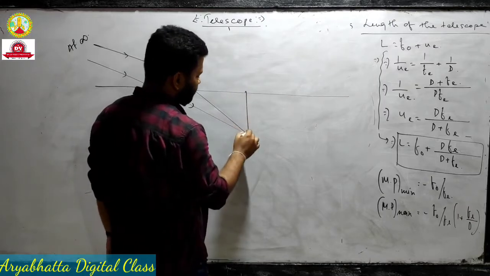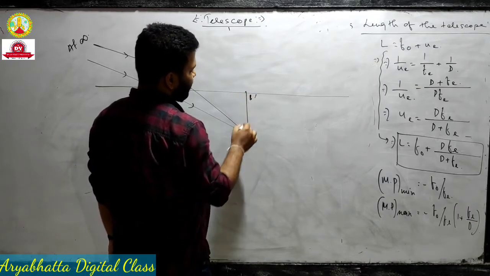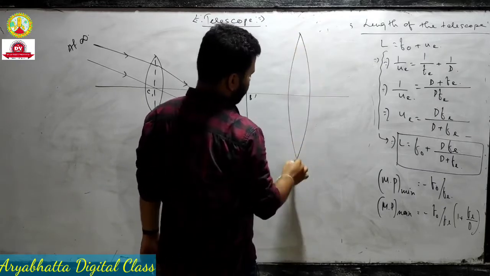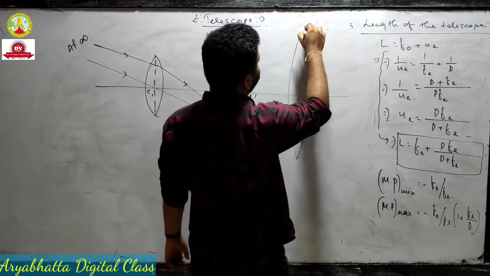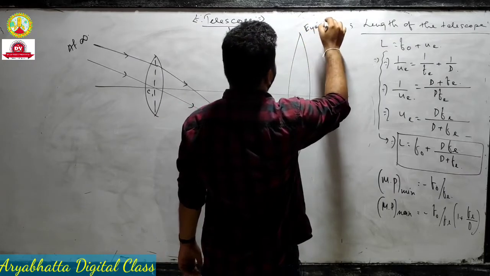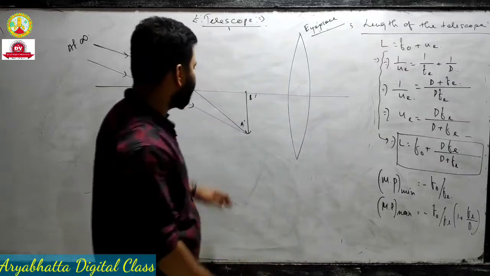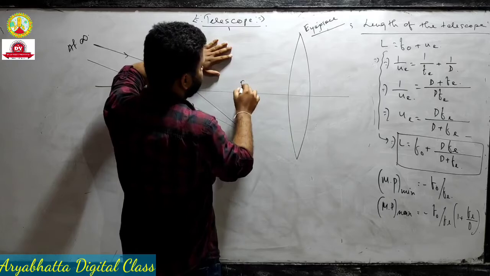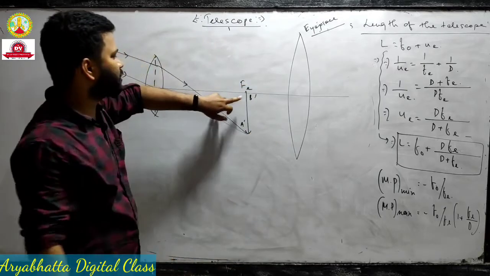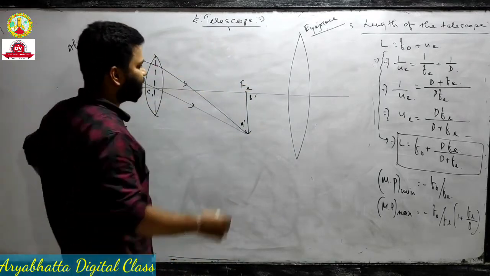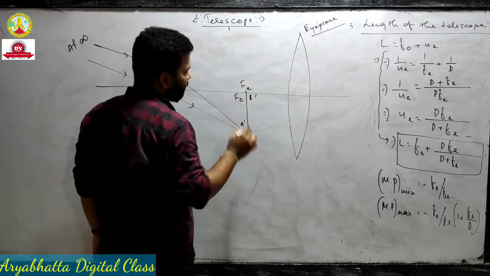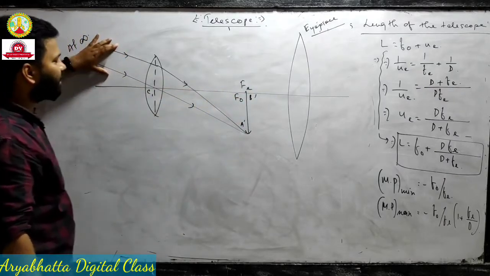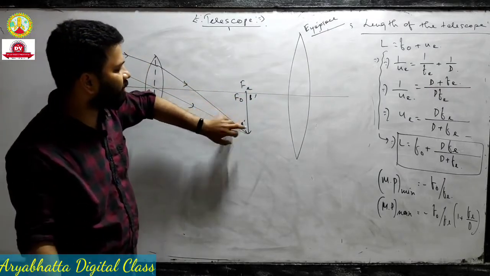So this is the image, B dash, A dash, and this one is the eyepiece. If this image is at the focus of the eyepiece, so this is Fe. This is also the focus of the objective, so it will be Fo. Both focuses coincide here. Object at infinity, so for this lens, image will form at focus.